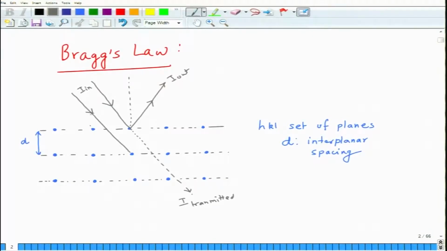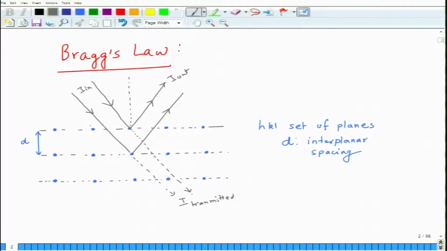So you have a parallel beam which comes like this, and then this also gets transmitted in this fashion, and goes through the lattice in this form.